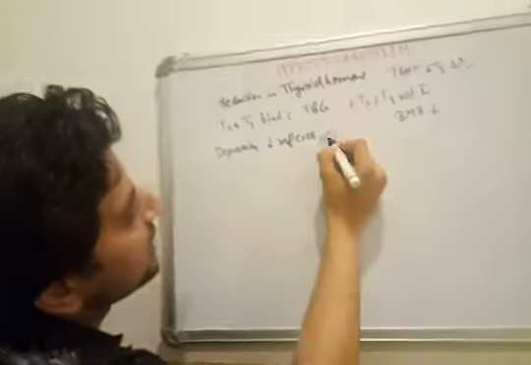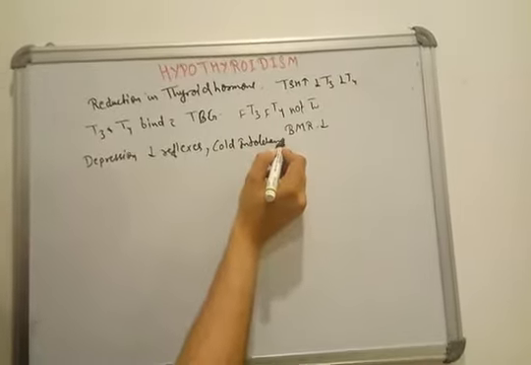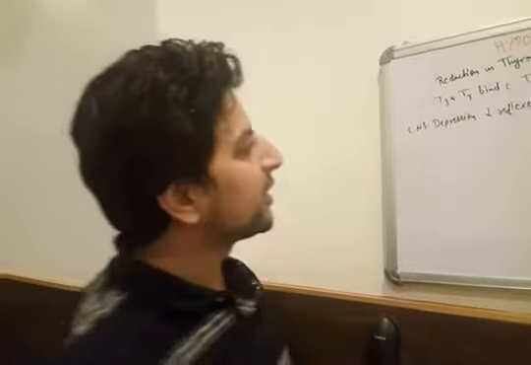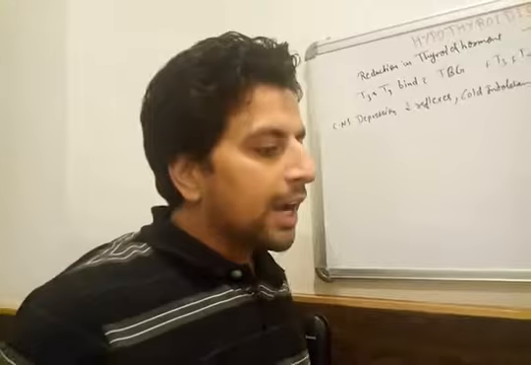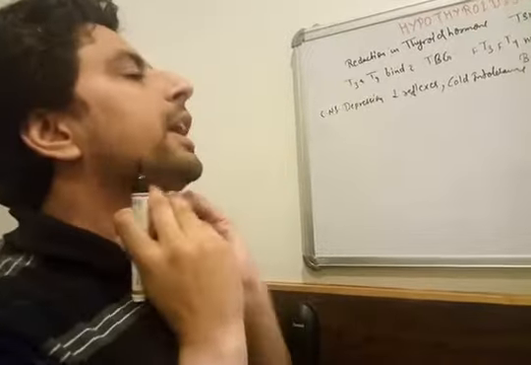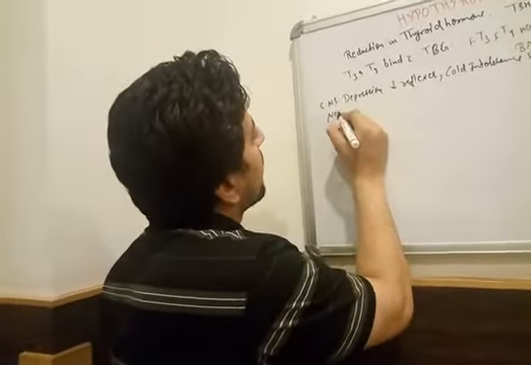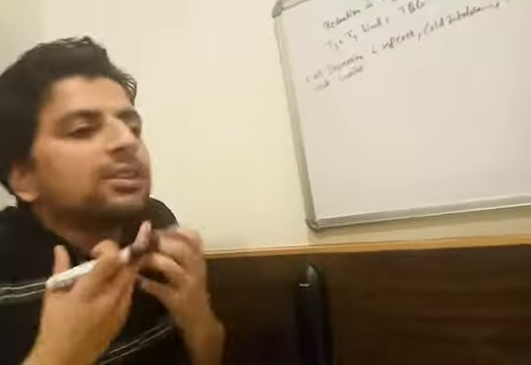Cold intolerance, okay, in CNS. I'm going to write it this way: depression, decreased reflexes, cold intolerance, fatigue. These are all related to the CNS, the central nervous system. And then come down here to the neck. What we see in the neck is goiter. The enlarged thyroid gland is known as goiter, my dear friends.